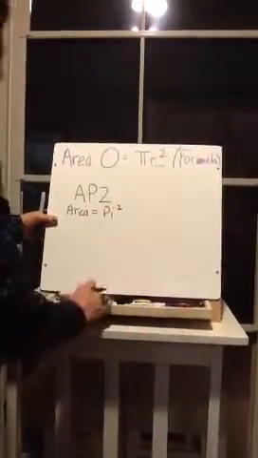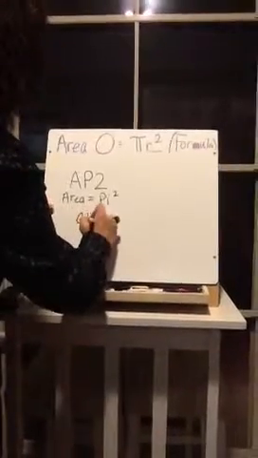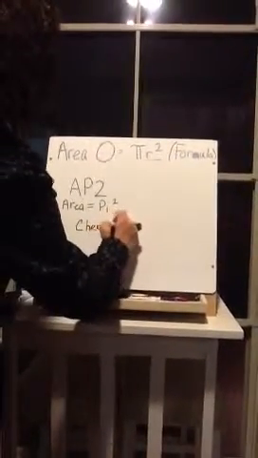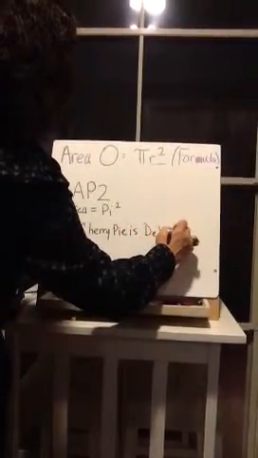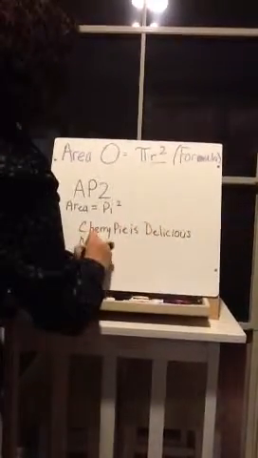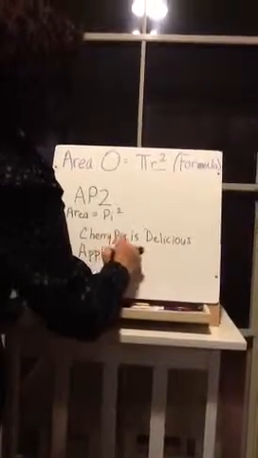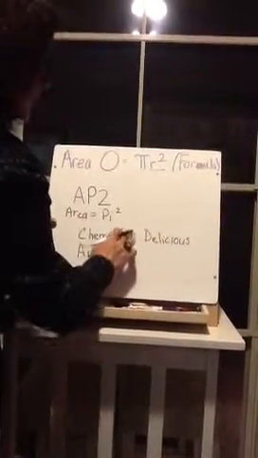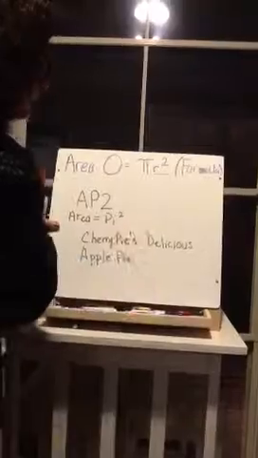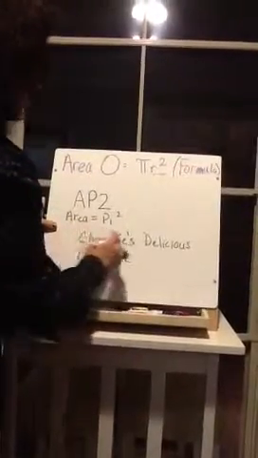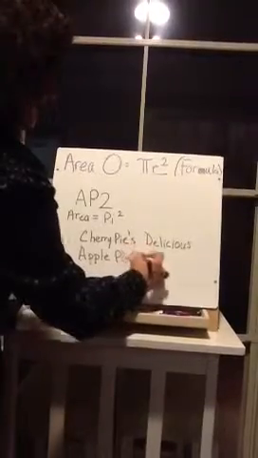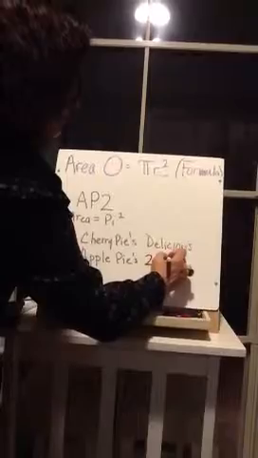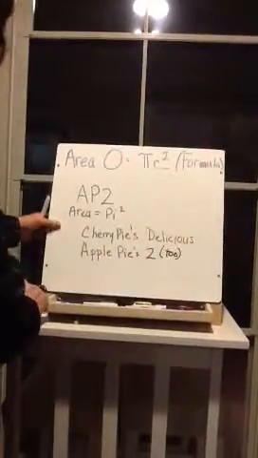So the whole mnemonic is cherry pie is delicious, apple pie is 2.